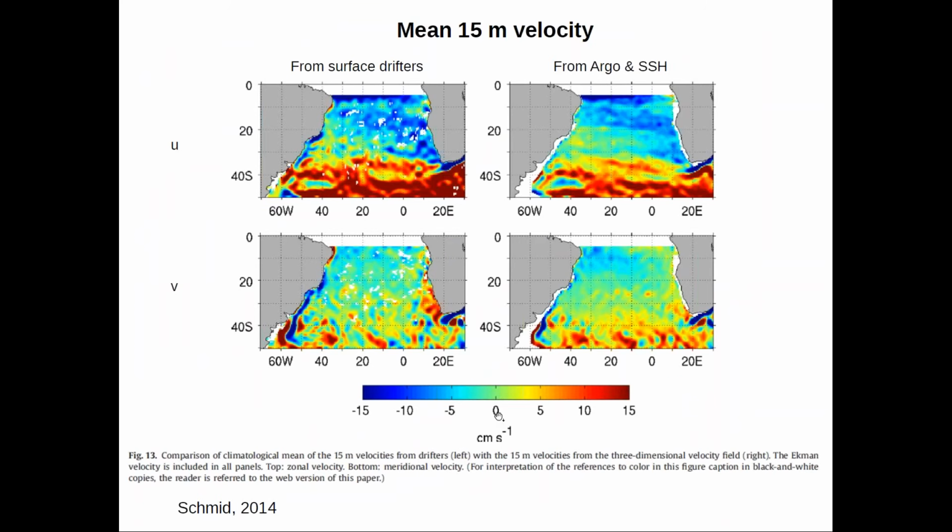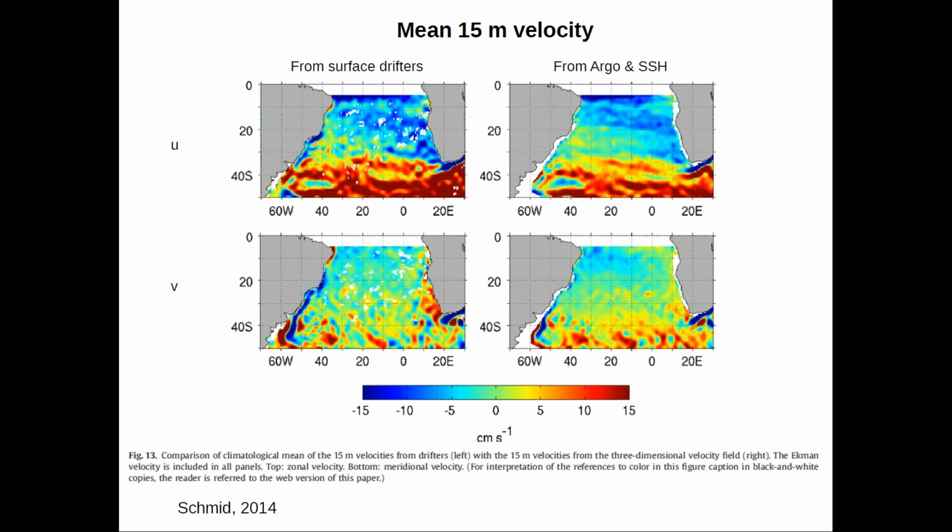And then to verify how well we are doing, we can compare it to independent velocities. So this is in comparison to surface drifters at 15 meters from the product that Rick Lumpkin puts together. And so we see that the drifters have a little bit higher velocities in areas where the velocity is relatively high.